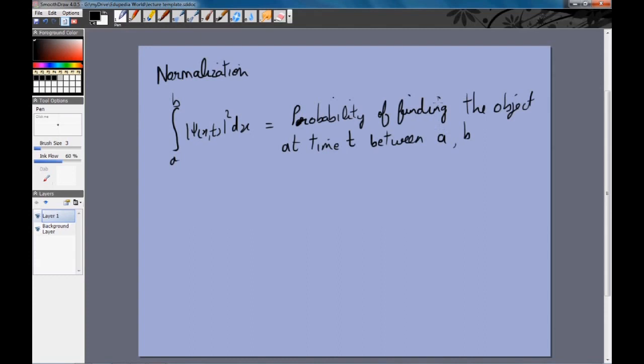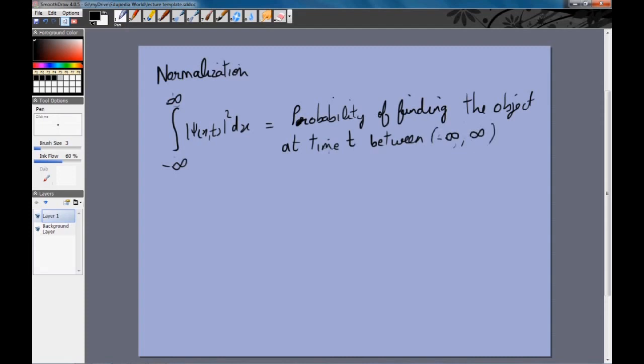So if we change this a little bit and instead of a to b, we make the limits minus infinity and infinity, then this is the probability of finding the object at time t between minus infinity and infinity.